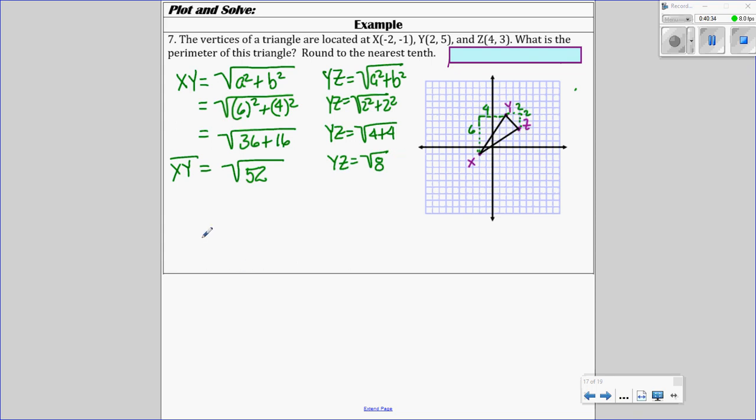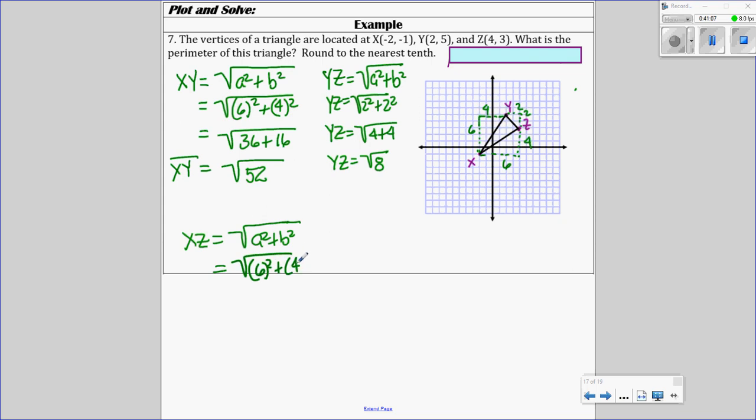And then I have next one, xz. Again, I'm using the Pythagorean Theorem, especially when you're dealing with graphs. And I'm going to find my rise over run for this. 1, 2, 3, 4. 1, 2, 3, 4. Yep. 1, 2, 3, 4, 5, 6. 4 and 6.